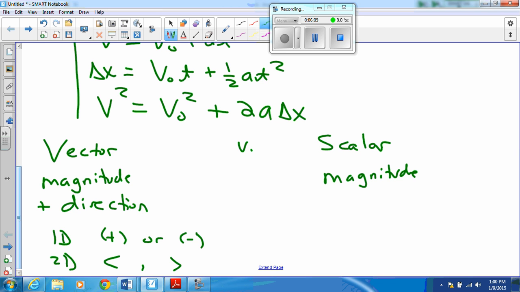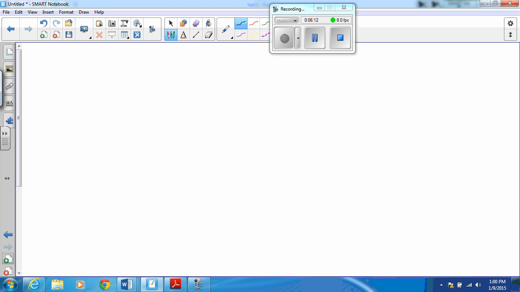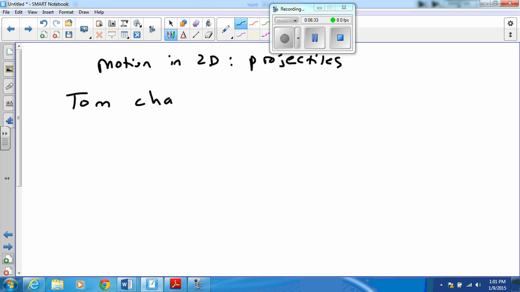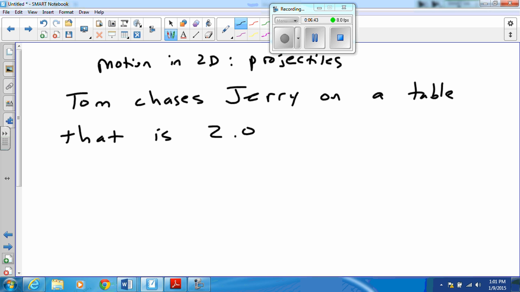Speaking of, our favorite kind of motion in two dimensions were the projectile problems. You guys remember these? And a typical kind of problem might be something like this. Tom chases Jerry on a table that is 2.0 meters off the floor.